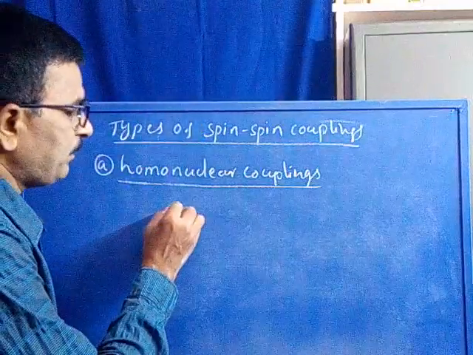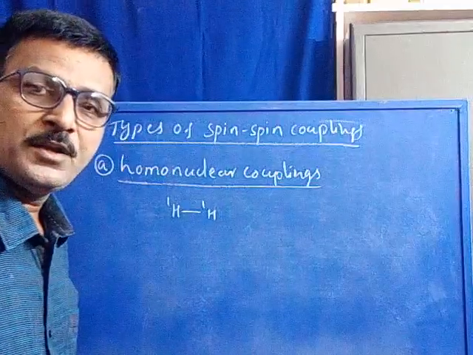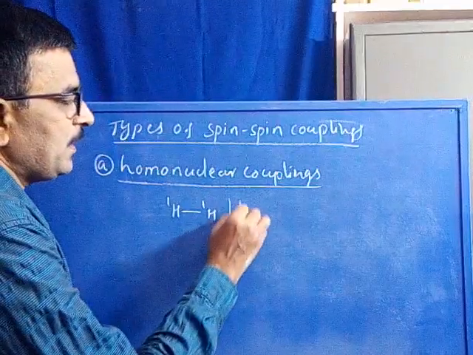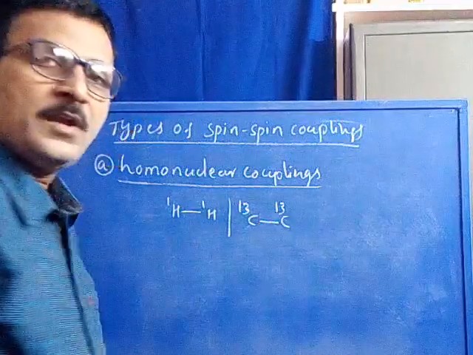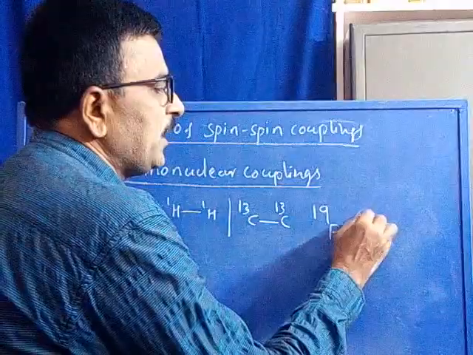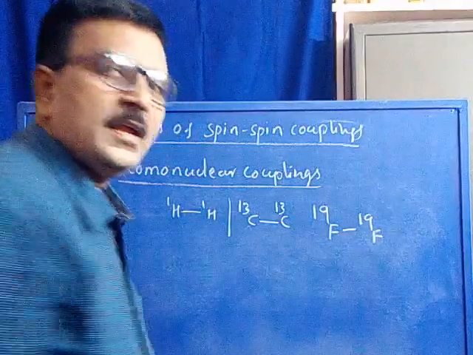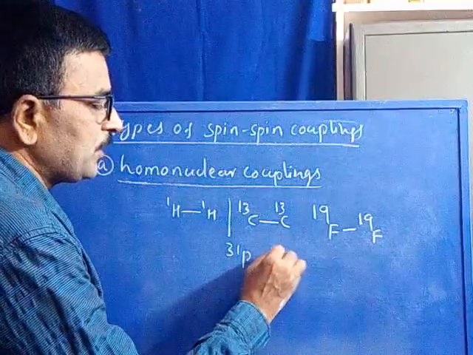Example, a coupling interaction between hydrogen nuclei and other hydrogen nuclei, or an interaction between carbon nuclei and other carbon nuclei, or an interaction between fluorine nuclei and other fluorine nuclei, or an interaction between 31 phosphorus and 31 phosphorus.